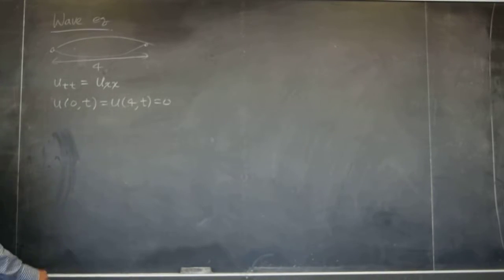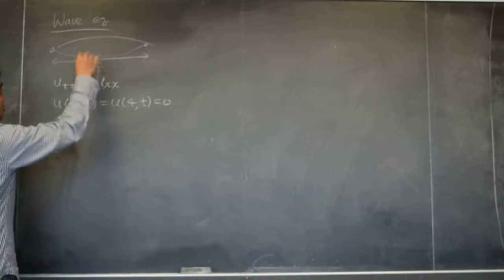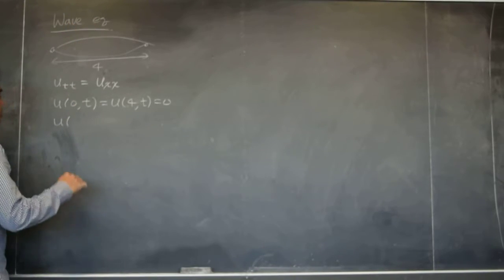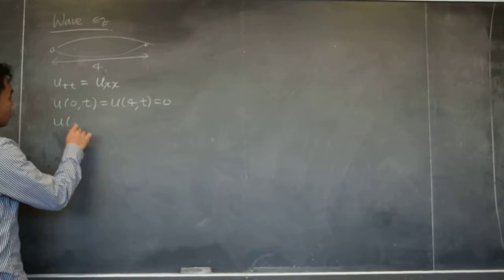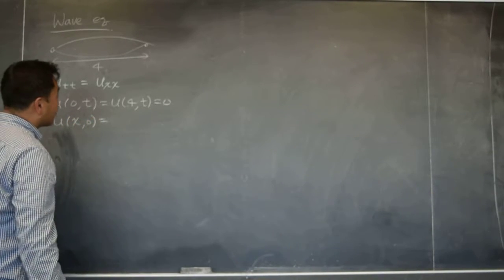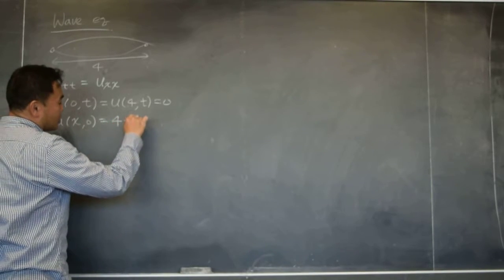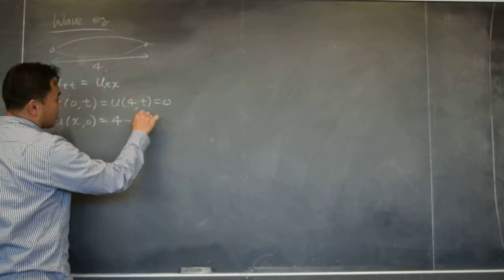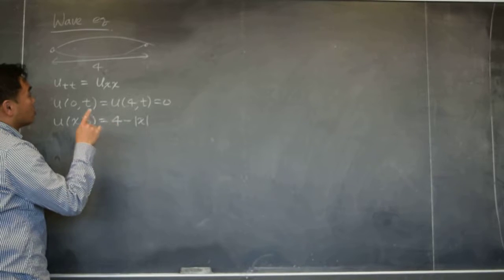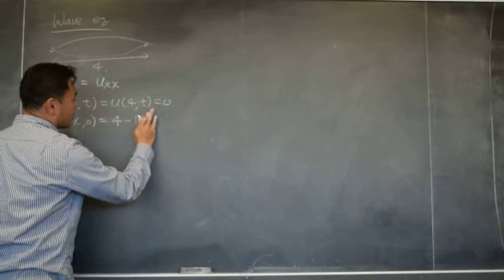Okay, and then what we are going to do is initially we will pull this string, and then we're going to release it. So initially we will have u(x,0) look like the following. I'll make it as 2 minus absolute value of x minus 2.